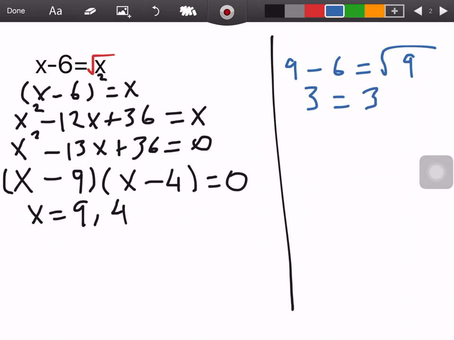As you see, 3 is equal to 3. Therefore, it is not extraneous, and this is a real solution. So, tick.